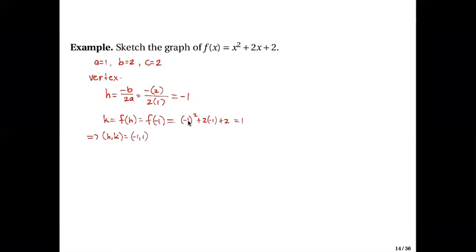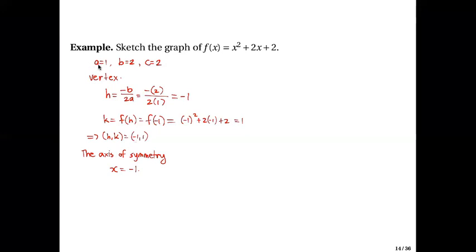Because you already have the vertex, you can now write the axis of symmetry. The axis of symmetry is the vertical line x equals h, which is just negative 1.